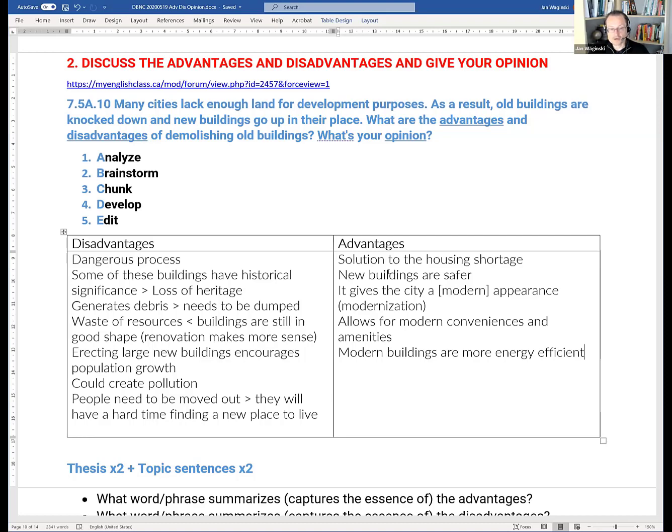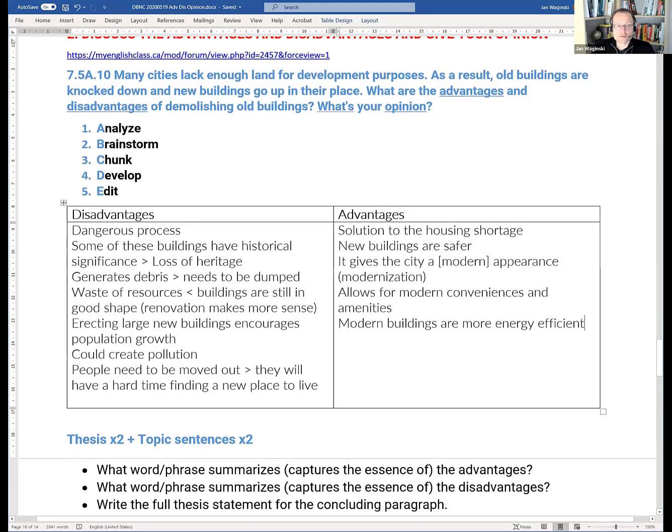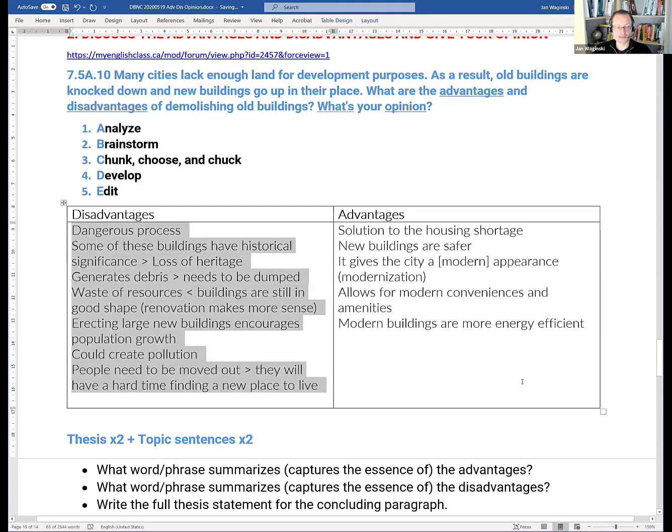Okay, we've got enough. Now, the next step is to chunk our ideas. I'm going to say chunk, choose, and chuck. Chunk the ideas, choose the best ones, chuck the bad ones. Chuck is slang for get rid of. Chuck it out. Okay, so in the disadvantages section, which of these ideas go together?